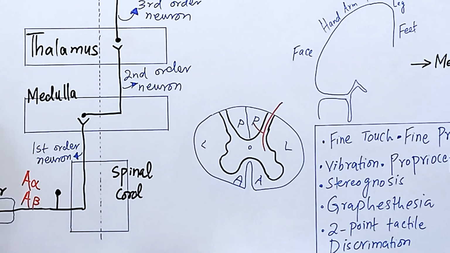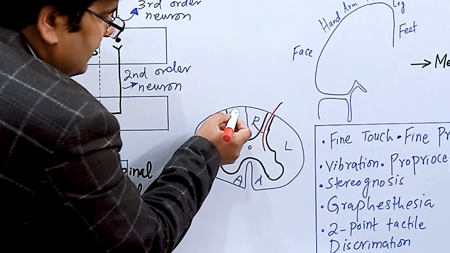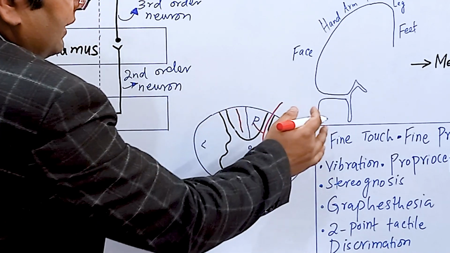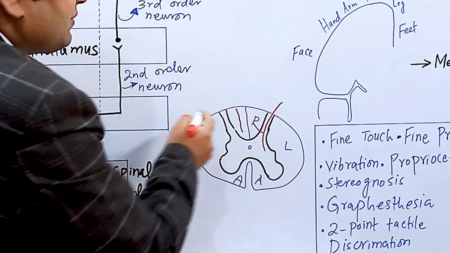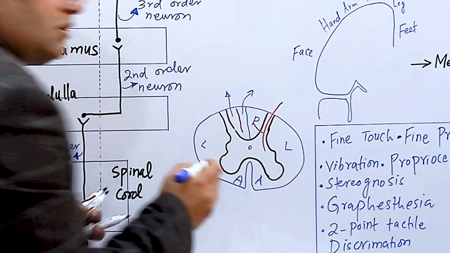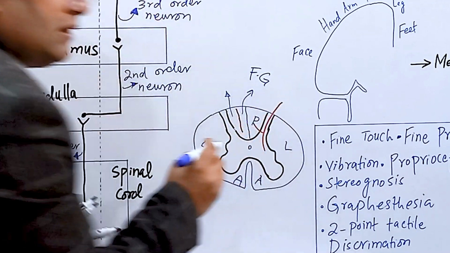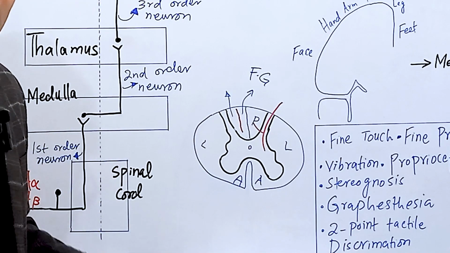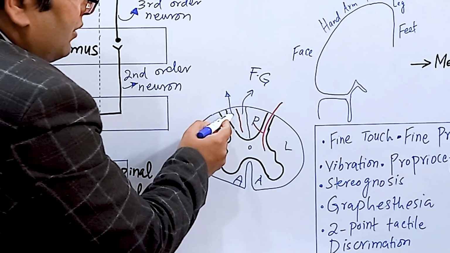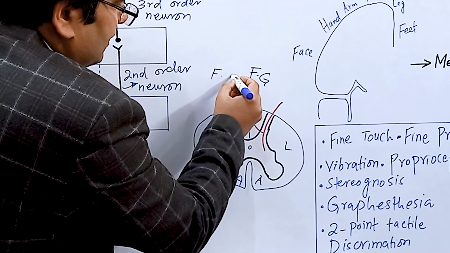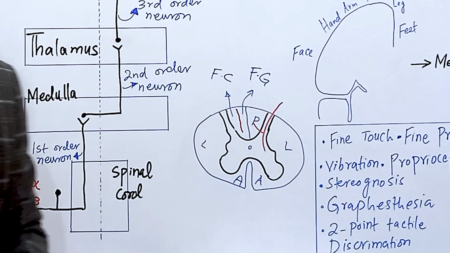So in the upper parts of the spinal cord we can see two columns, one on the medial side and the other on the lateral side. The medial column is also called the fasciculus gracilis, which has signals coming from lower parts of the body, and the lateral column is also called the fasciculus cuneatus, which has signals from the upper part of the body.